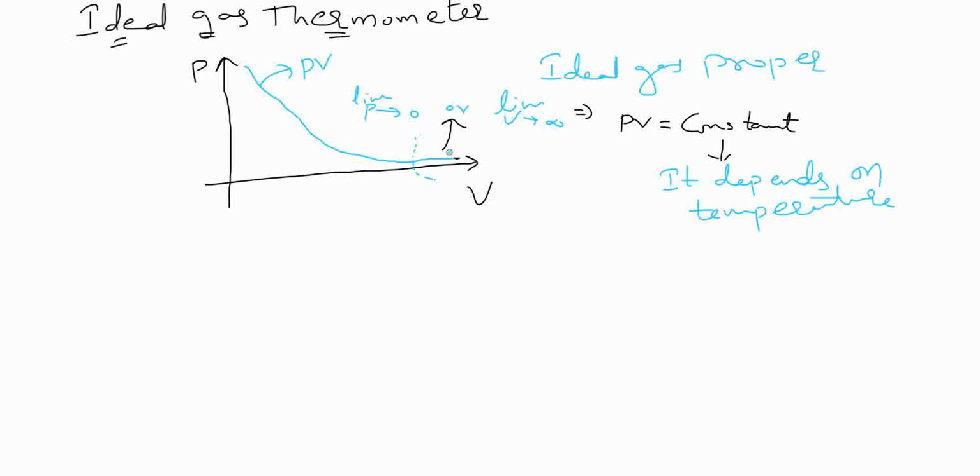So now the property being used here is limit P tends to 0 of PV of an ideal gas, and this will give us the reading of temperature, because this value is a function of temperature.